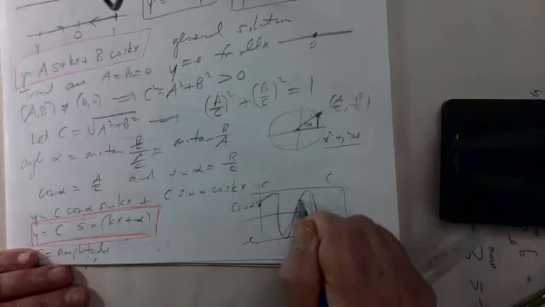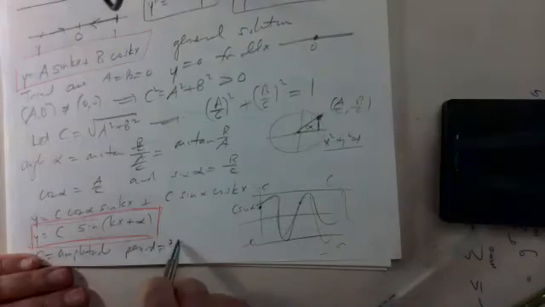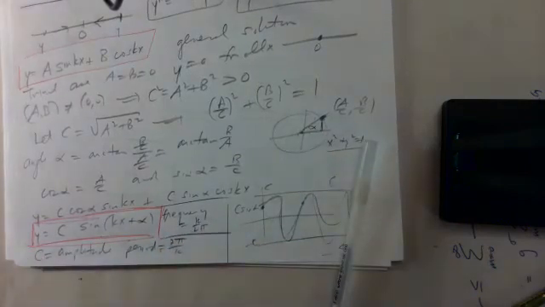The frequency, the period, how long it takes for this to repeat, is 2 pi over k, and the frequency is defined to be 1 over the period, which is k over 2 pi.